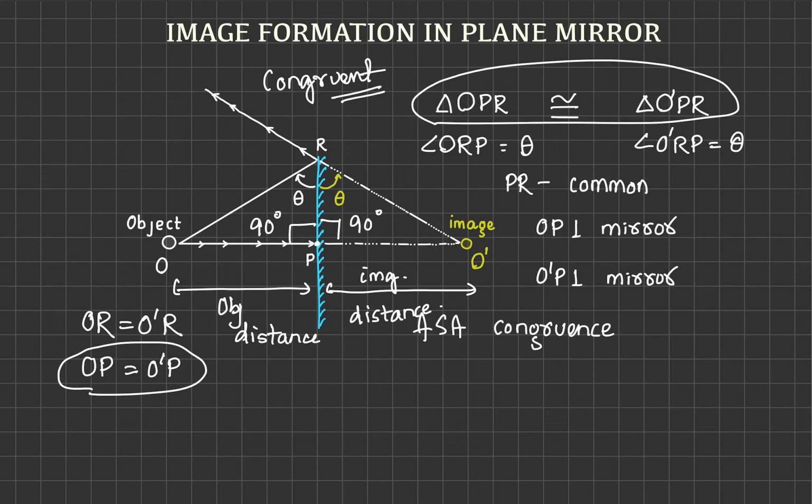The object distance and image distance about a plane mirror must be the same. So this is the basic logic of locating an image or drawing an image behind the plane mirror if the object position is given. See you in the next video.